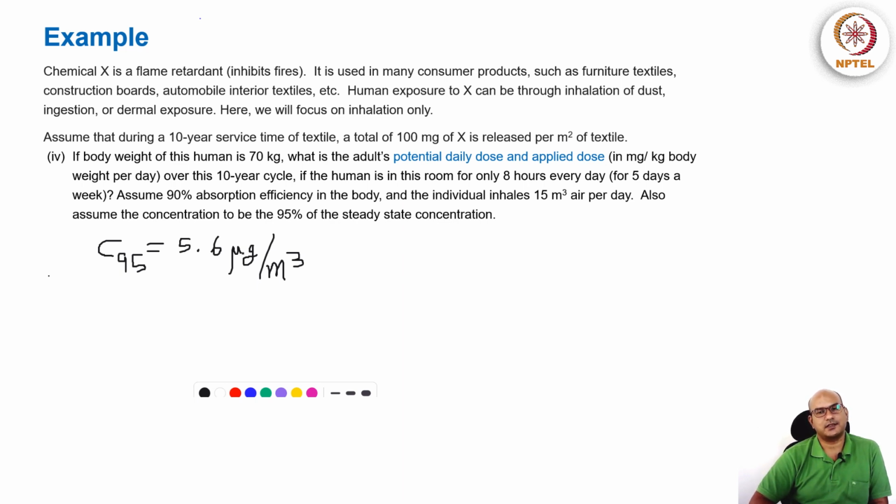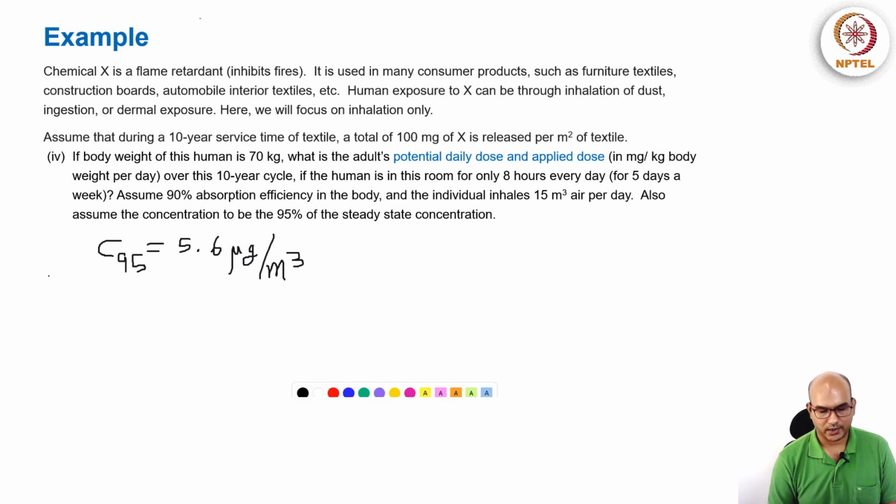If the human is in this room only for 8 hours every day, for 5 days a week, and we assume 90% absorption efficiency, individual inhalation, and the concentration. So we have to write what each parameter is. Our potential daily dose is basically ADD.